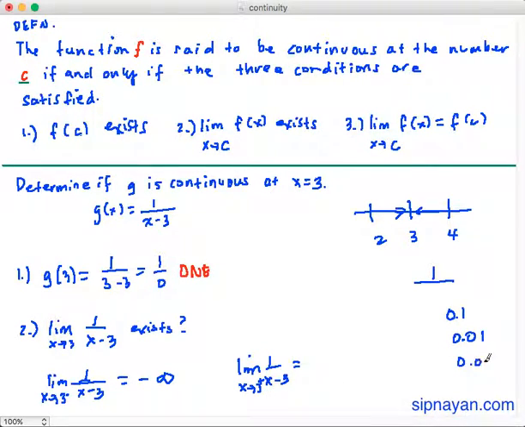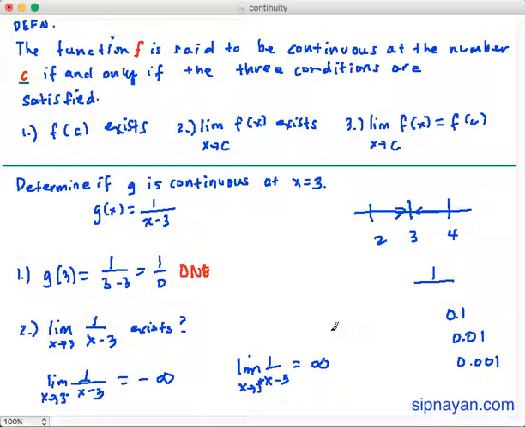Tapos, pag 3.001, magiging 0.001 yung denominator. And this is getting closer and closer to 0, which means magiging quotient yan is 10, 100, 1,000, and so on. So the limit of this is positive infinity. So magkaiba ang left hand and right hand limit niya. And therefore, the limit does not exist.